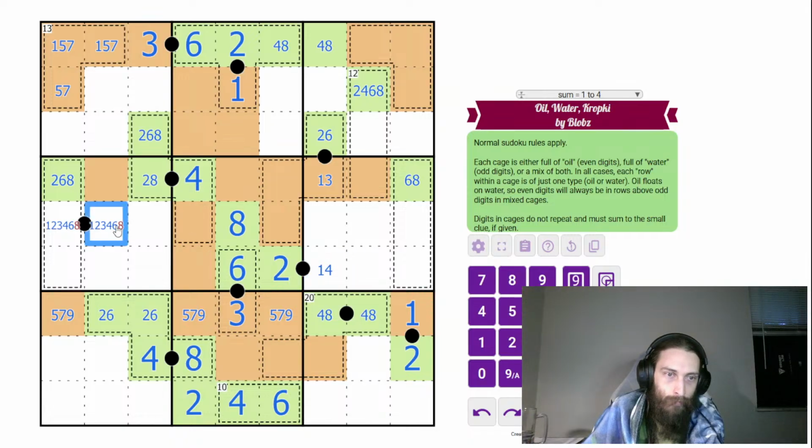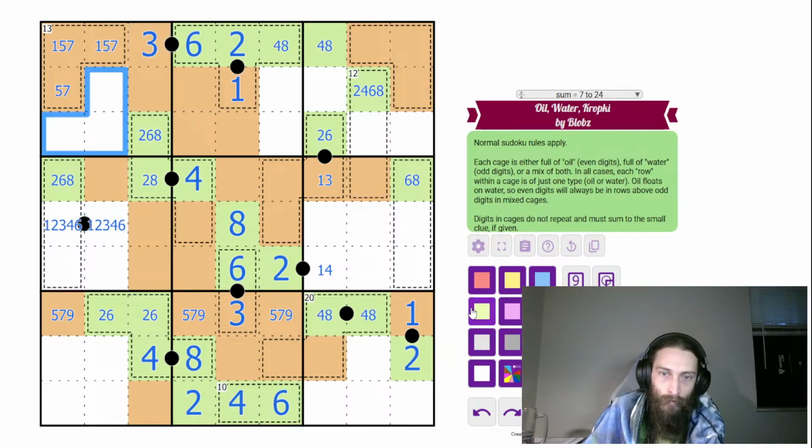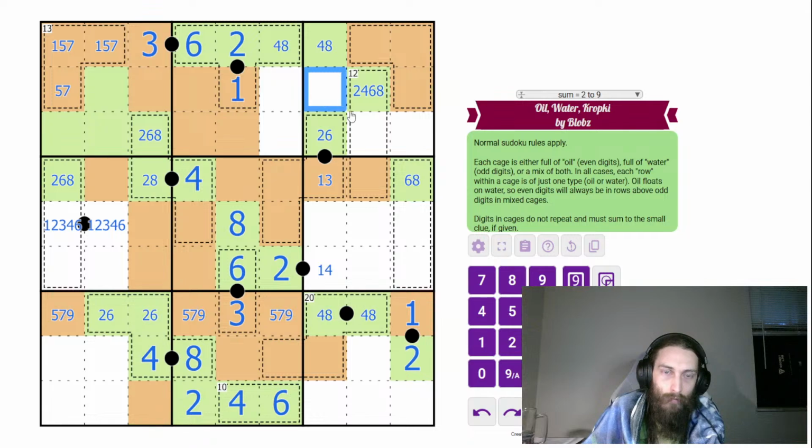Column 3 has 4 evens. Column 7 has 4 evens.